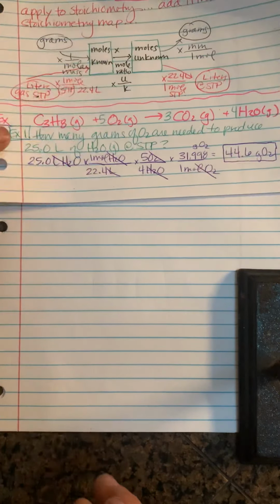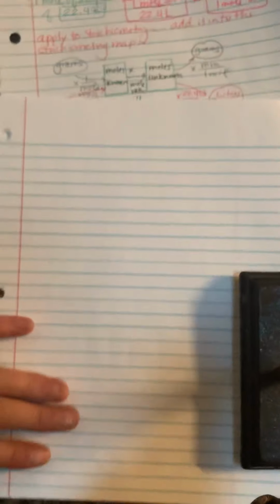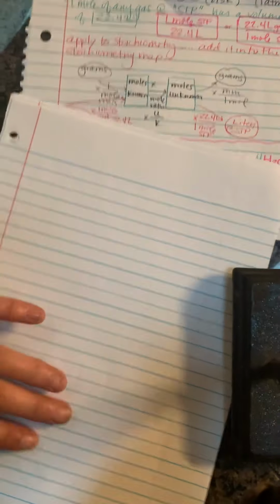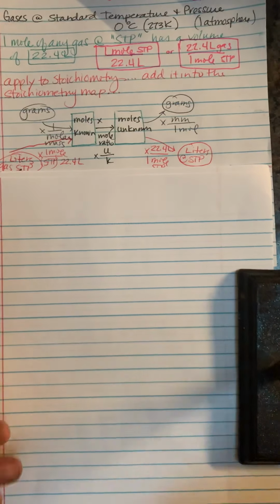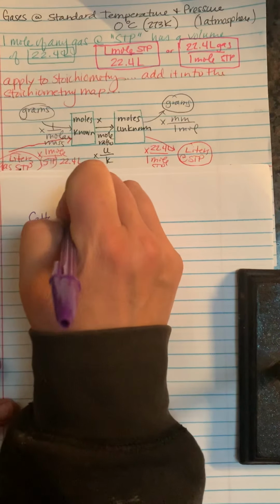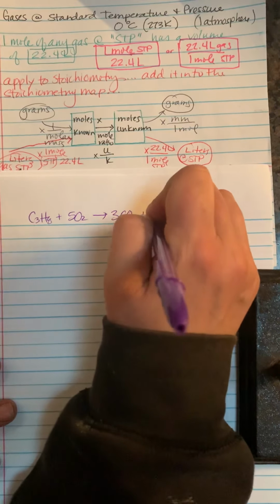And I'm going to try to keep this diagram visible, so sorry for my primitive ways here. Okay, so we're going to keep with our same reaction. The C3H8 plus 5O2 makes 3CO2 plus 4H2O.